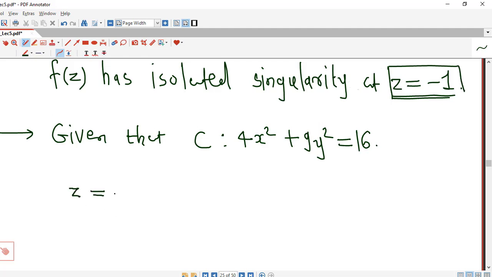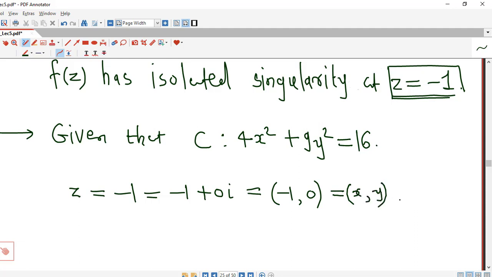For that we find out the real and imaginary parts of z equal to minus 1. z equal to minus 1 can be rewritten as minus 1 plus 0i, or as an ordered pair we can rewrite z equal to minus 1 as the ordered pair (minus 1, 0). So if we compare with the ordered pair (x, y), we have x equal to minus 1 and y equal to 0.